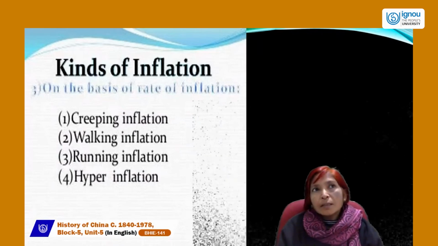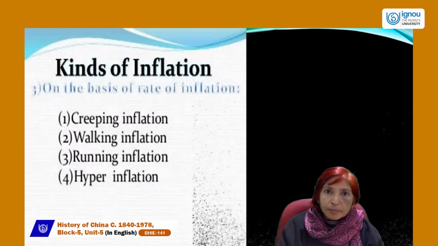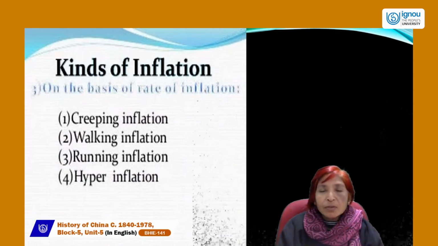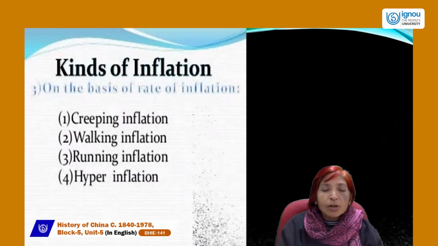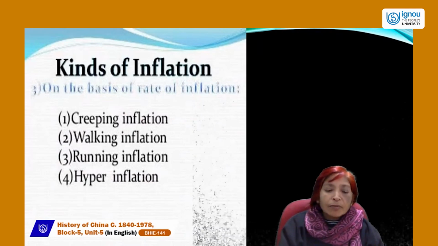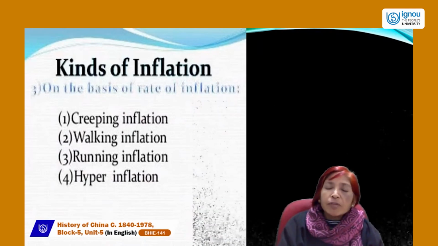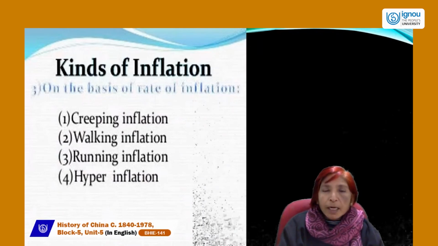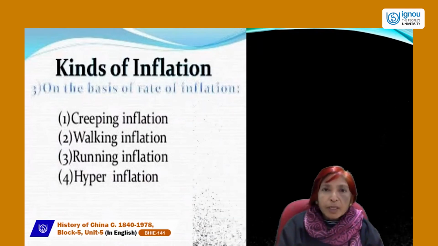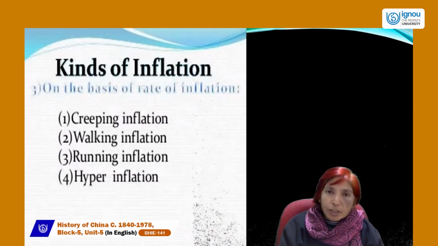Hyperinflation mainly occurred in Zimbabwe, Germany, and Venezuela. You can study about these three countries' situations of hyperinflation. A few years back, Venezuela suffered this hyperinflation problem, and during the World War time period, Germany faced this problem of hyperinflation.